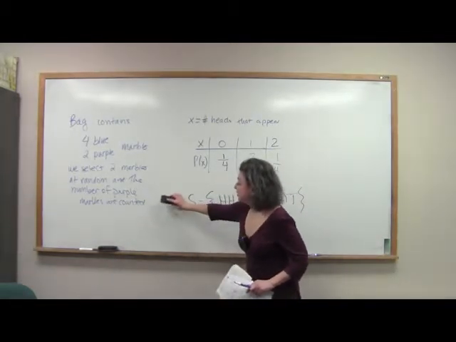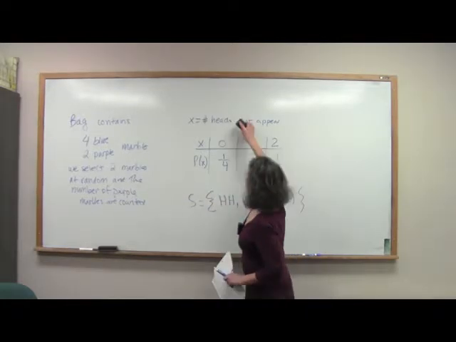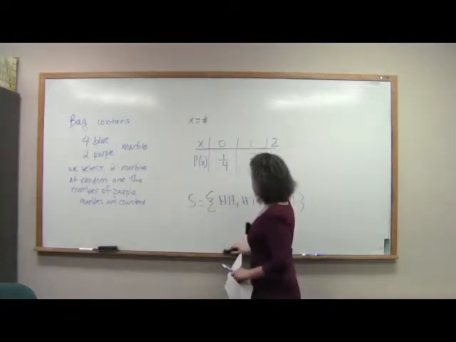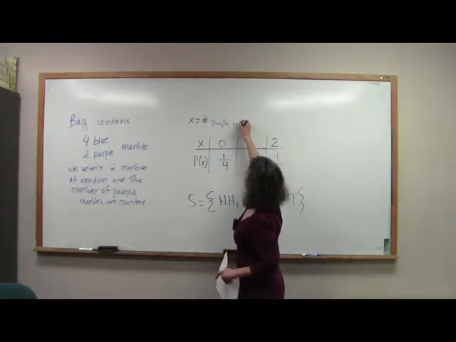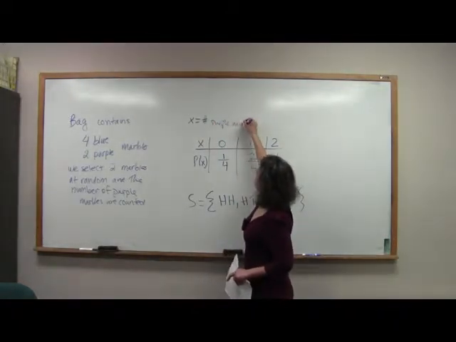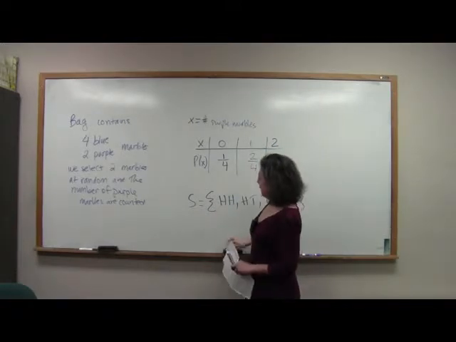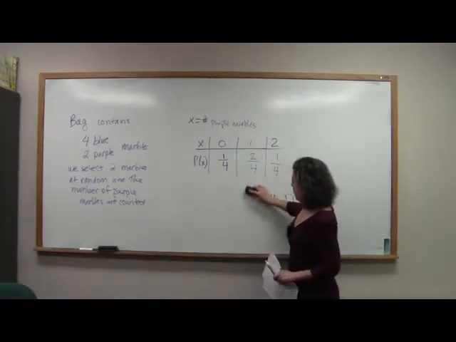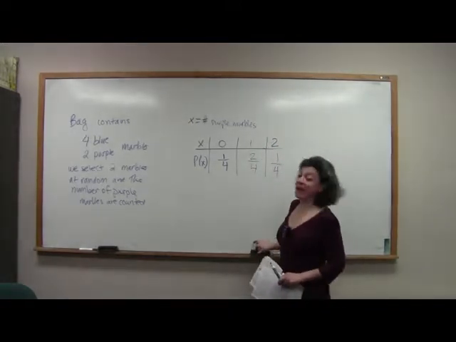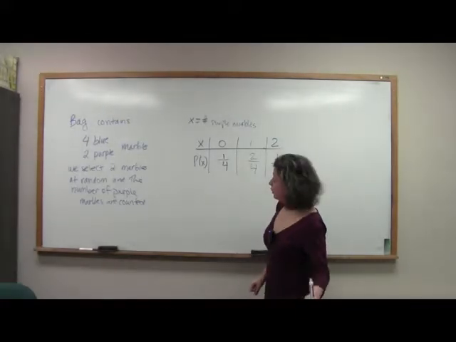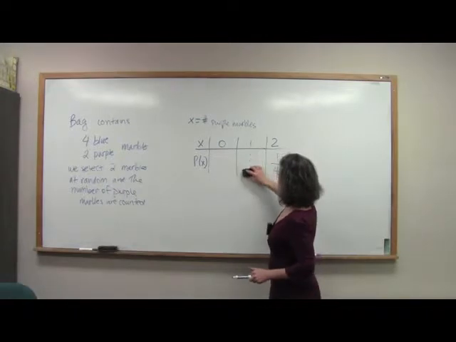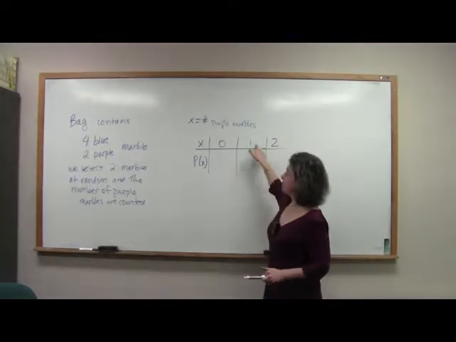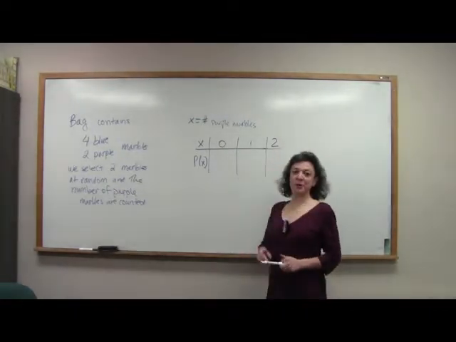In this case, we're counting the number of purple marbles. So we ask ourselves, what values could X take on? We could have 0 purple marbles, we could pick 1 purple marble, or we could pick 2 purple marbles.